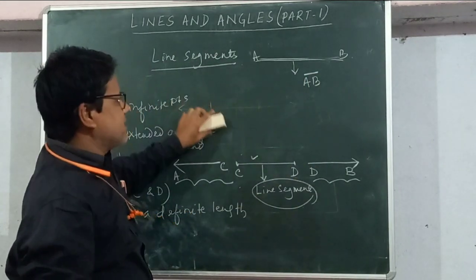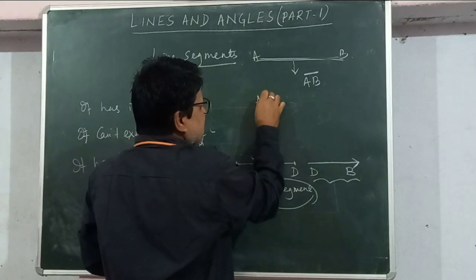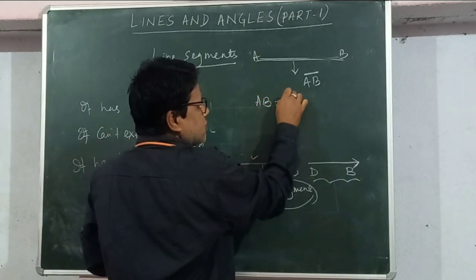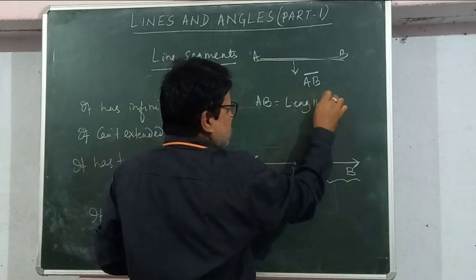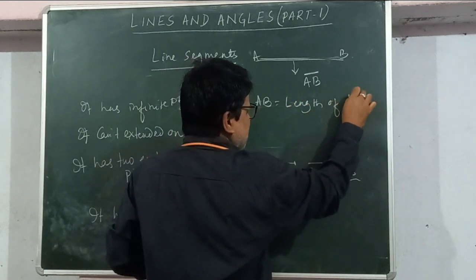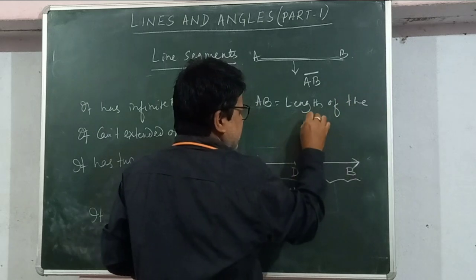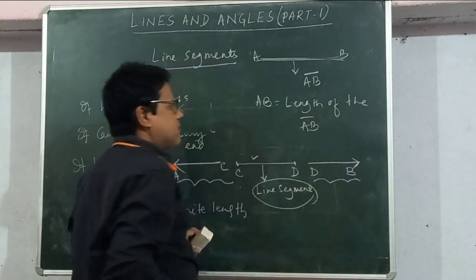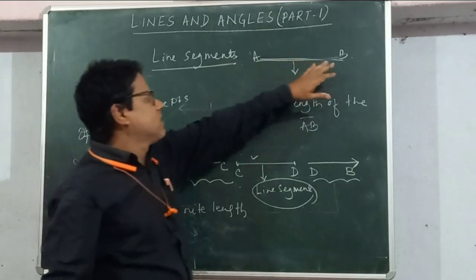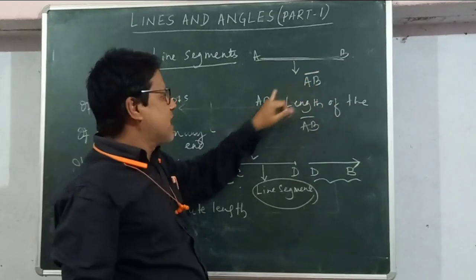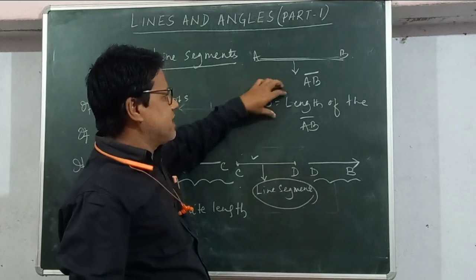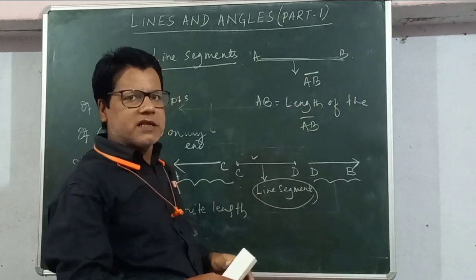But when we write simply AB, it shows the length of the line segment AB. So if we write only AB, then it is known as the length of the line segment AB.